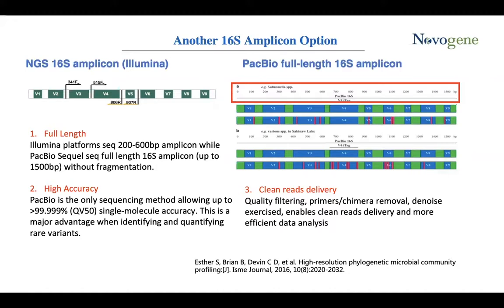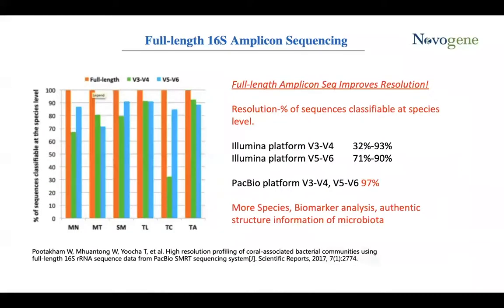Also, the full-length 16S Amplicon in the PacBio platform greatly improves the resolution, that is the percentage of sequences which are classifiable at species level. This is a statistical figure from a paper. The x-axis shows the sample names, while the y-axis is the percentage of sequences classifiable at species level.